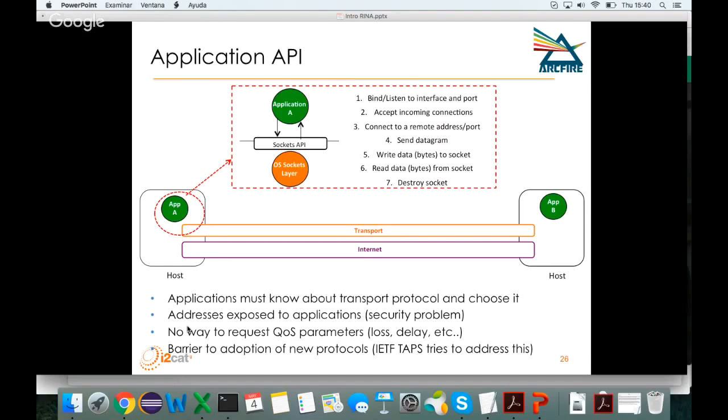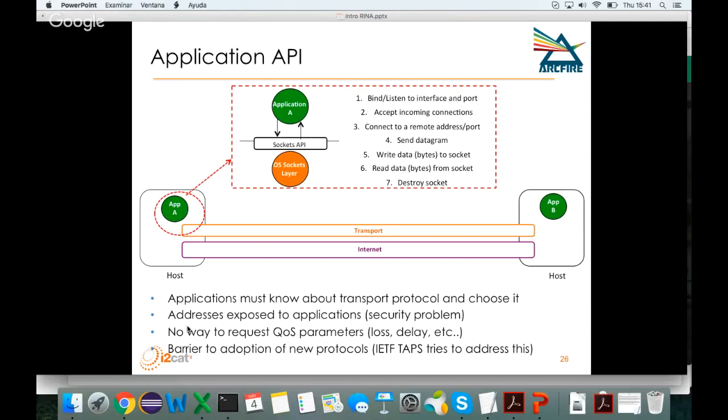And we see that this API is not very well designed, because an API should expose a service and hide the implementation, so that you can change the implementation without the clients using it being aware of it. But sockets expose which transport protocols are available and force applications to choose one, right?